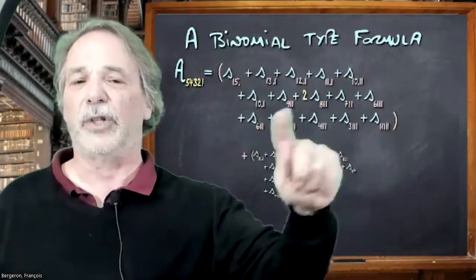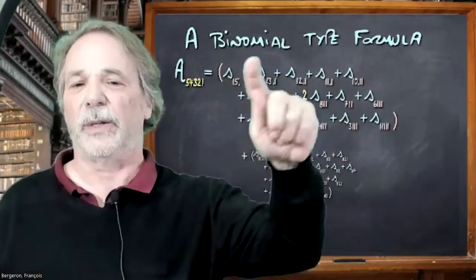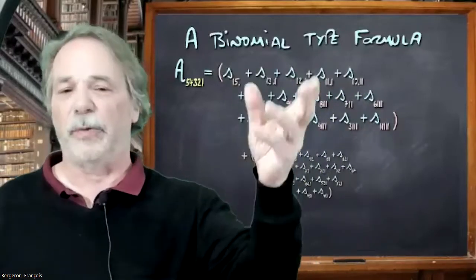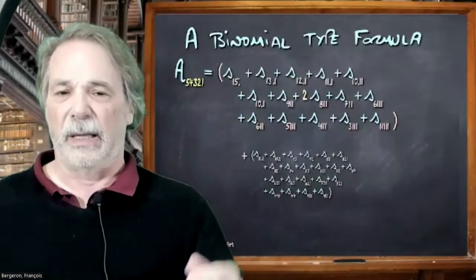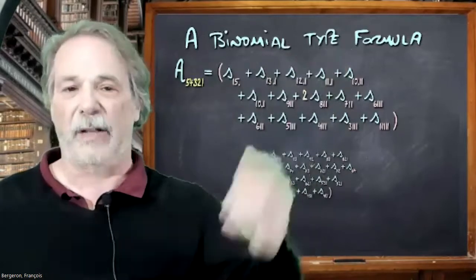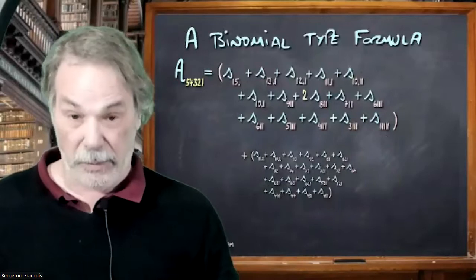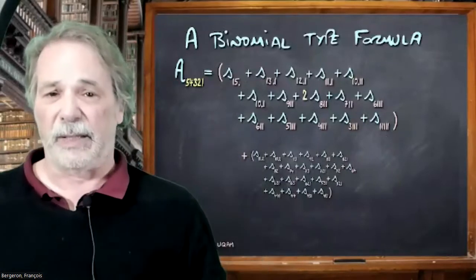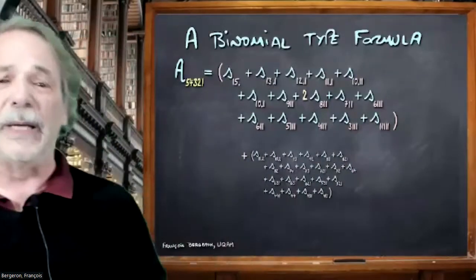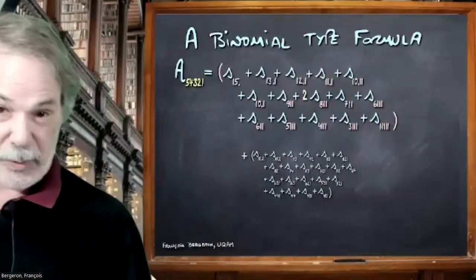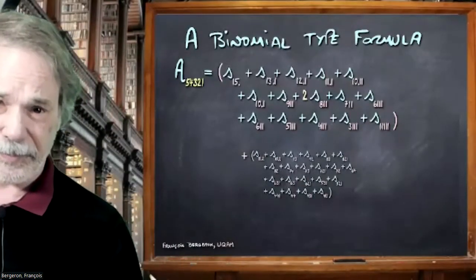There are 15 shapes, but there's a 2. So there's the 16 terms here. And there's a very beautiful, nice formula, that binomial style formula that explains all of these terms, but I won't have time to explain. But if you're intrigued, you should look up some of the papers where this is discussed.